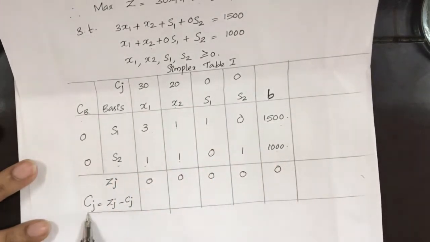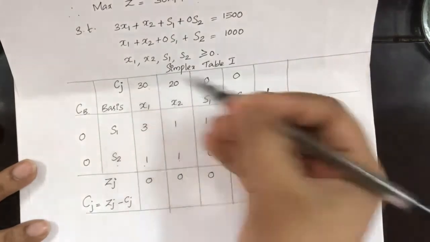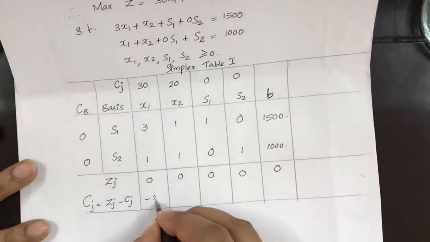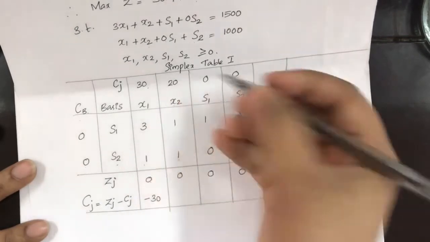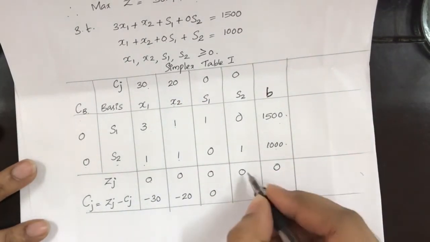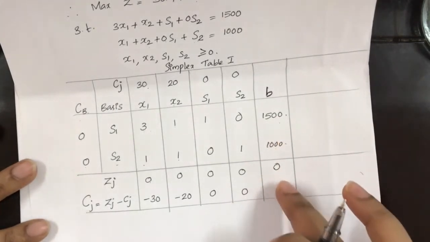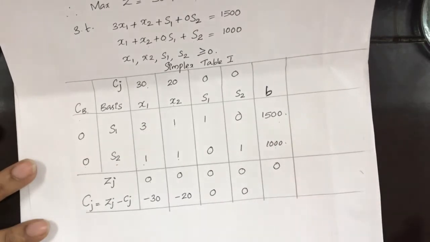So I am going to find the capital Cj values. 0 minus 30, minus 30. 0 minus 20, minus 20. 0 minus 0, 0. 0 minus 0, 0. We do not need to calculate the capital Cj value for column B since it doesn't have a small cj value.